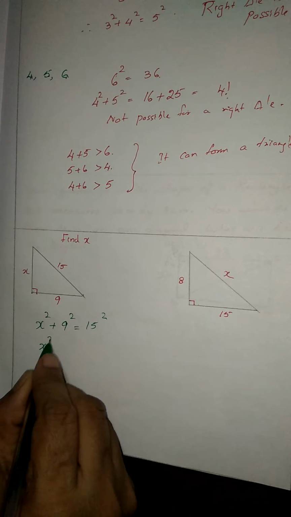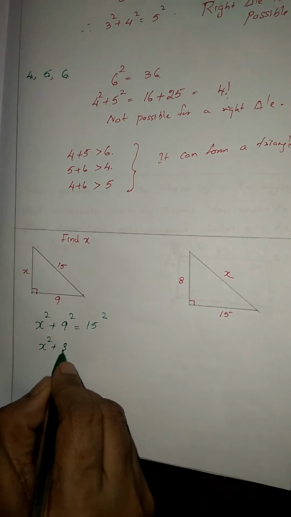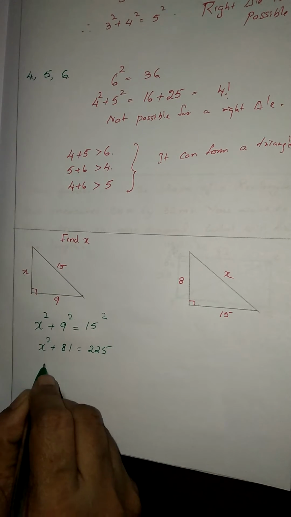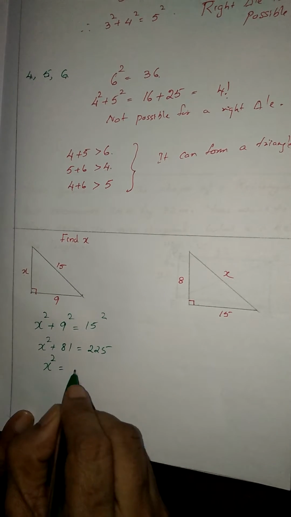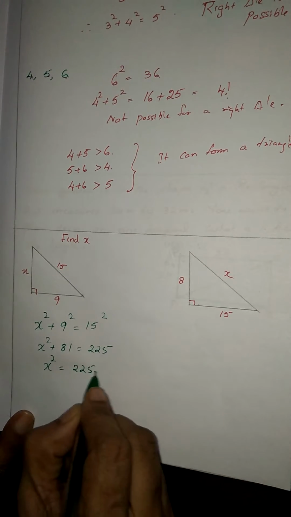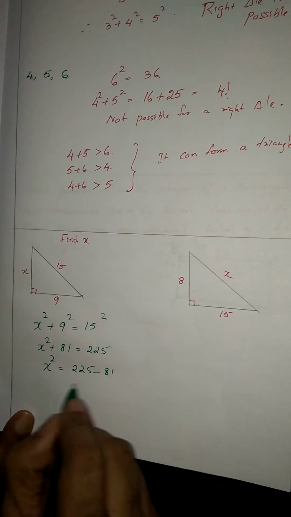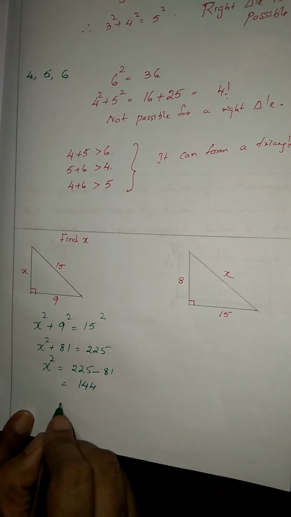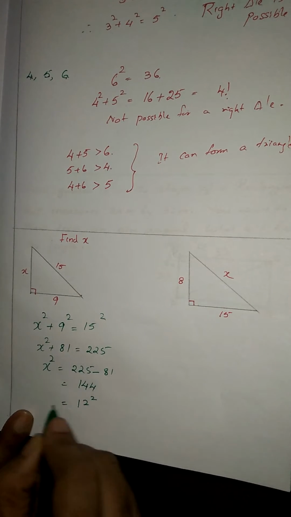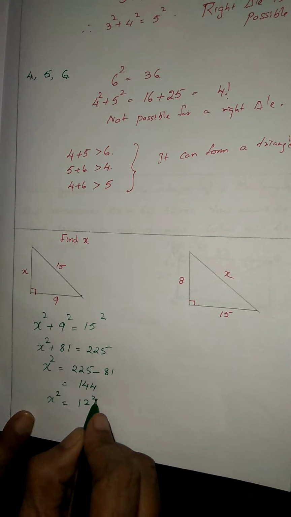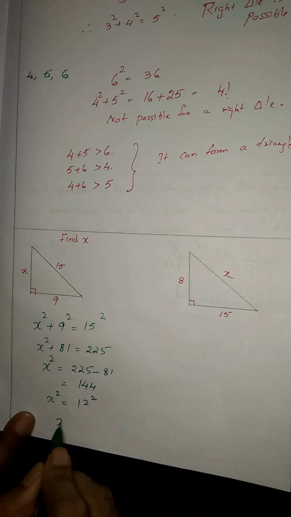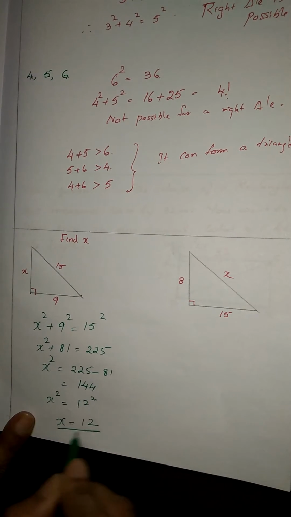So x squared plus 81 is equal to 15 squared, which is 225. So x squared is equal to 225 minus 81, which is 144. You can write 144 as 12 squared. So x squared is equal to 12 squared. The powers are the same, so x is equal to 12.